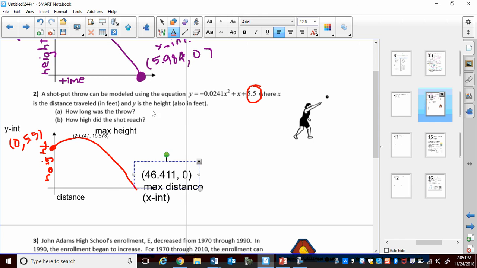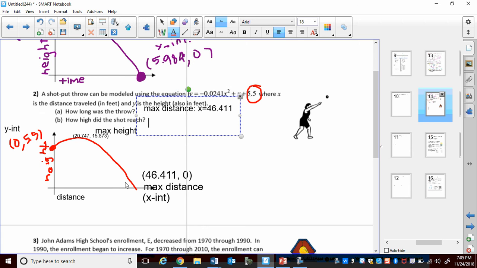So first it asked me how long was the throw? What was the distance of the throw? That's what they're asking. So the distance of the throw, the maximum distance is x equals 46.411 when y equals 0.